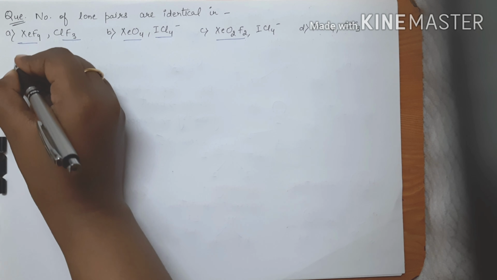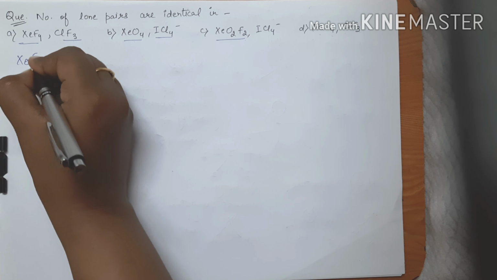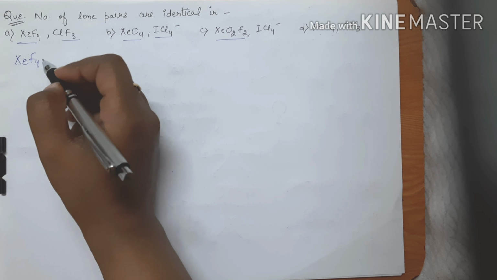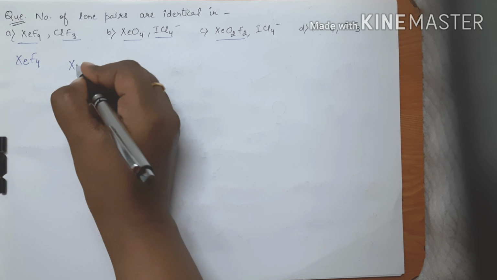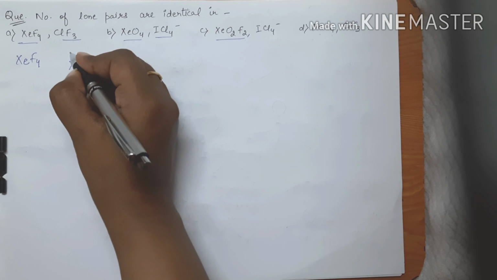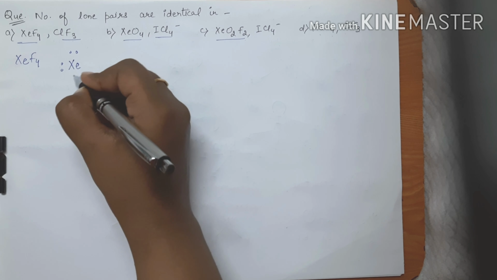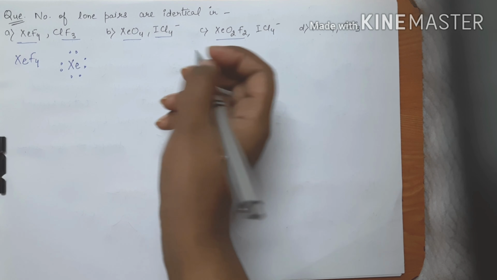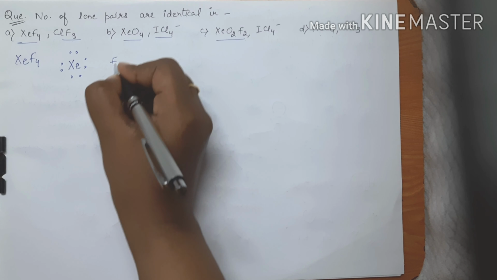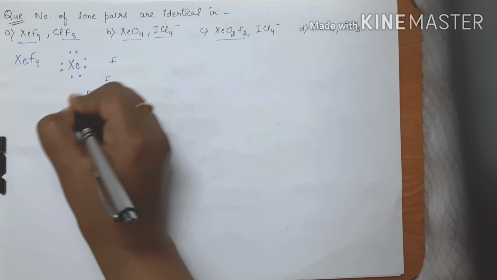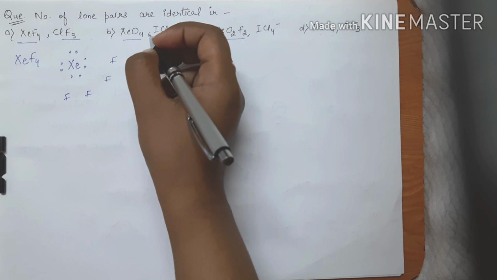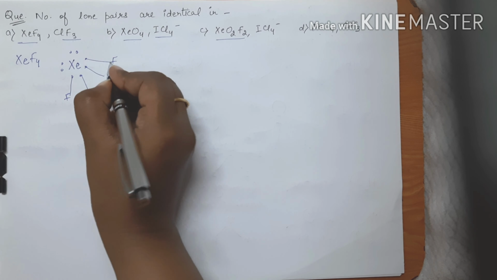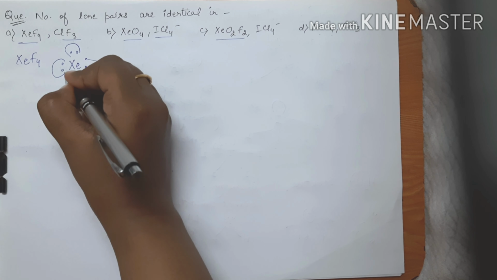First we'll go for the geometry of XeF4. Xenon is from the noble gas family, so it will have 8 electrons in the valence shell: 1, 2, 3, 4, 5, 6, 7 and 8. Now it is attached to 4 fluorines, so it will have 4 bonds with these 4 fluorines and two lone pairs.